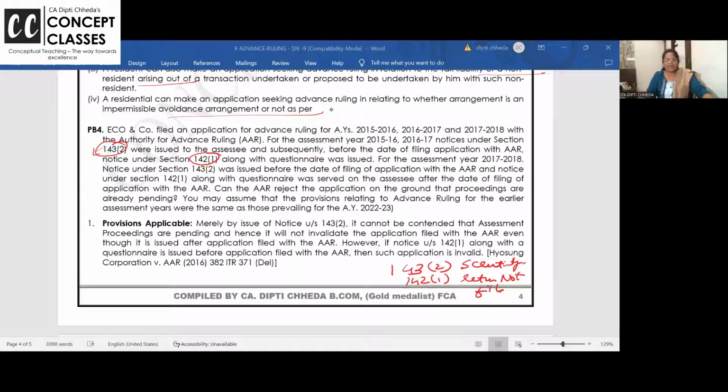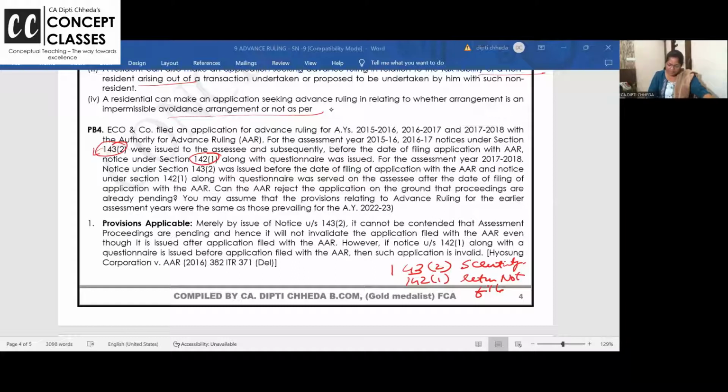If return is not filed, file it or give the information. So that is 142(1). Now in 15-16 and 16-17, notice is already issued under 143(2), scrutiny is going on. And for the last year, a 142(1) notice is issued.